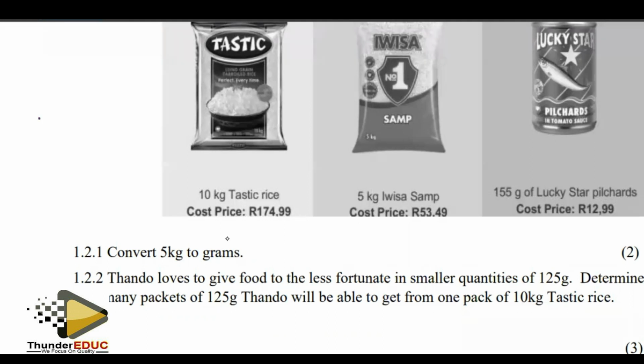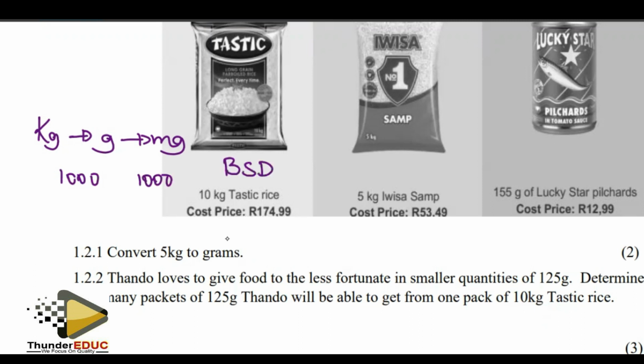Remember, we have kilograms. We want them to become grams, or milligrams. But in between these, we have 1,000. Don't forget, big to small, you multiply, whereas small to big, you need to divide.